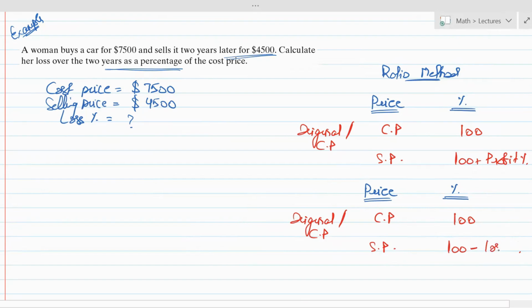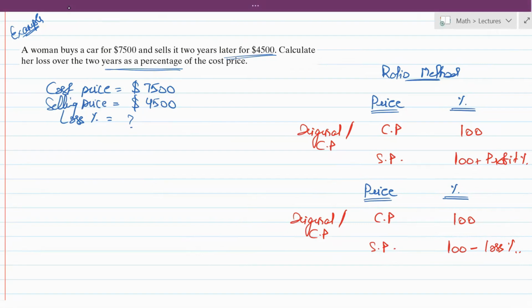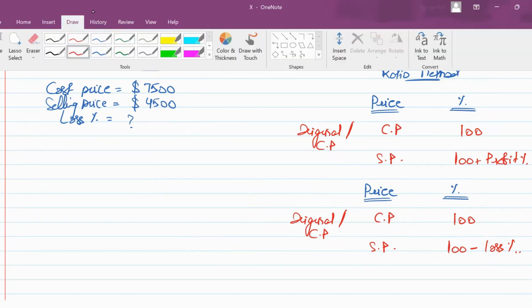Okay, so sometimes percentage would be given to us, and sometimes percentage would be required to be found. So in case of this particular question, let's try to use this concept here, the ratio method, for the profit and the loss percentages.